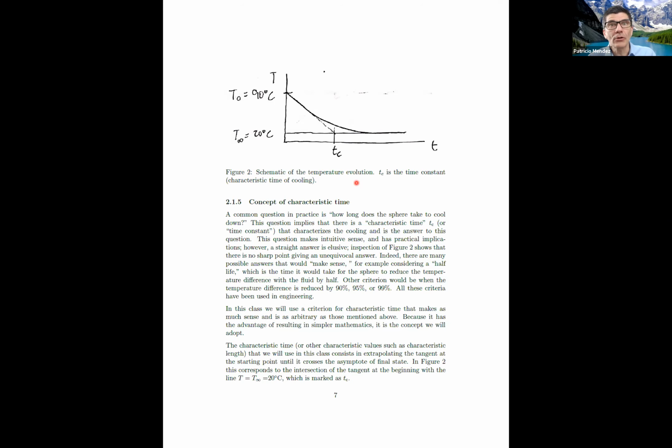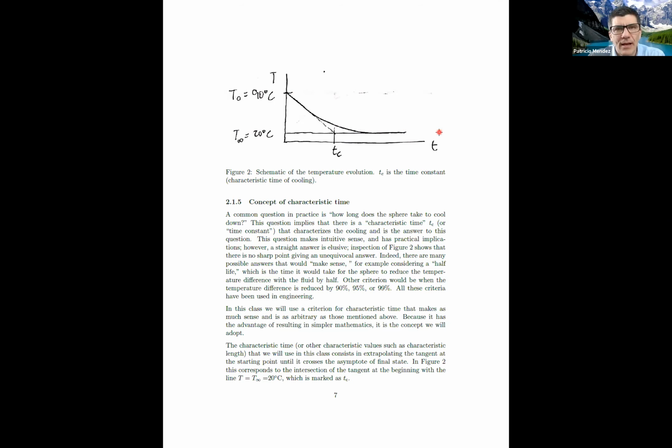I know for sure that it takes infinite time to reach the 20 degrees exactly. But I know it's not going to take infinite. In reality, something's going to happen. This question is trying to give a concrete engineering number to something that doesn't have a clear breakpoint, a curve that is cooling down slowly.